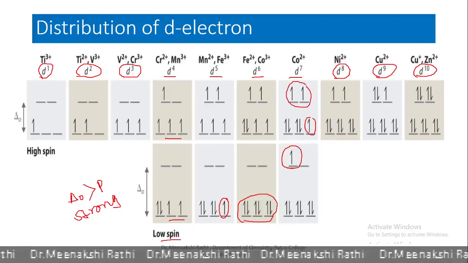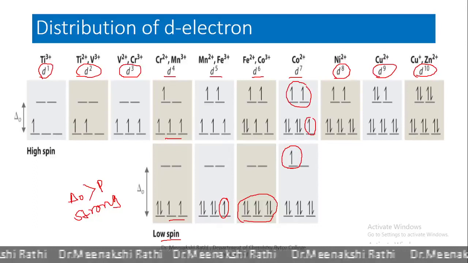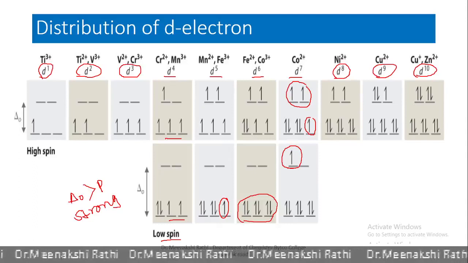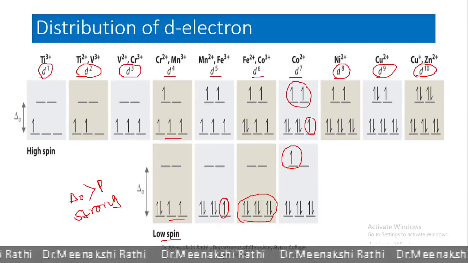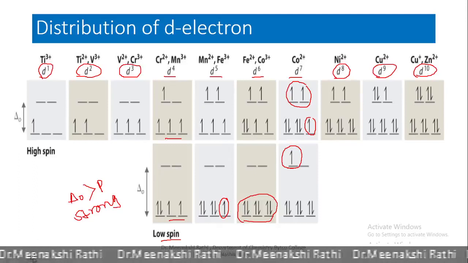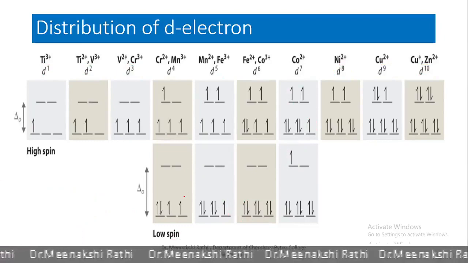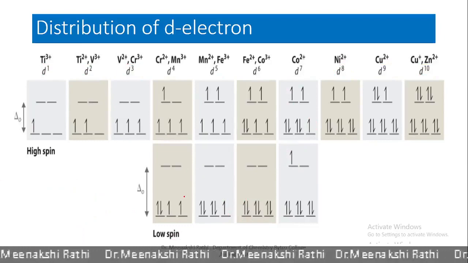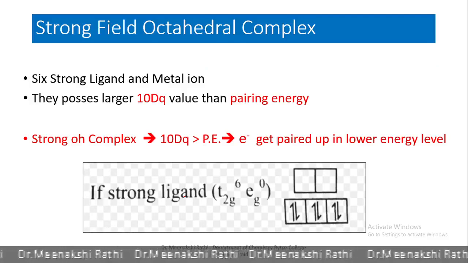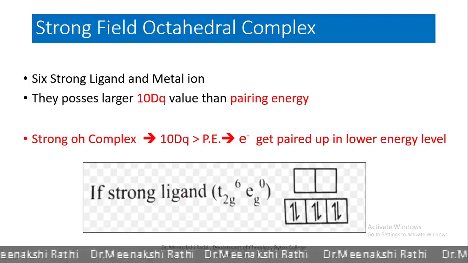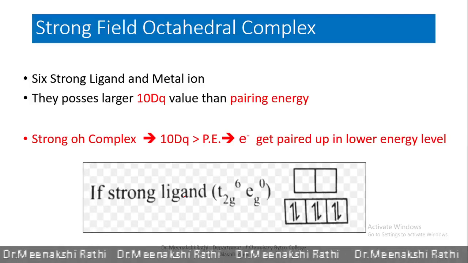So you should understand whether the ligands are strong field or weak field, and based on that, the low spin or high spin complexes are formed, and the distribution of electrons in d orbitals totally depends upon the ligand field. So now here you can see distribution of 6 electrons in strong ligand field and weak ligand field.